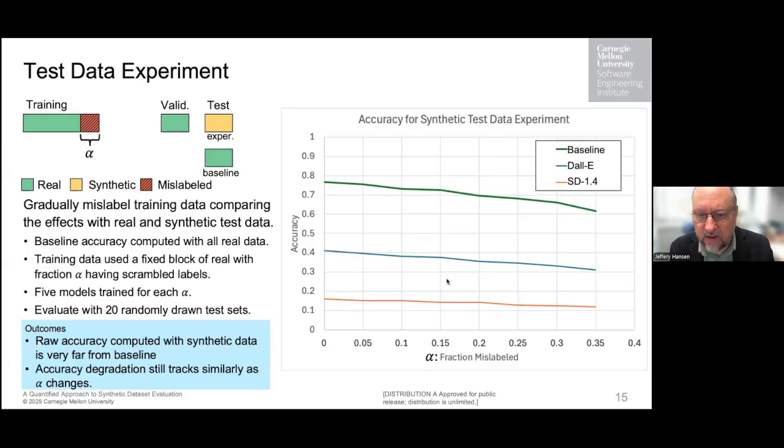The graph here shows the model accuracy as we deliberately mislabel a fraction of the data. As you'd expect with mislabeled data, performance goes down. We see them go down in a similar way for Dolly and real data and for Stable Diffusion and real data. And again, we see the Dolly model do slightly better.